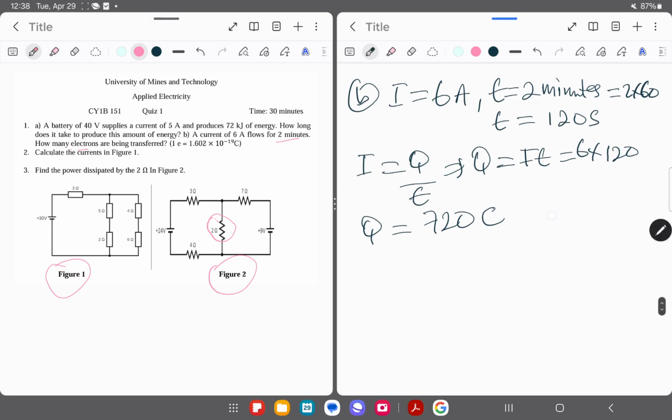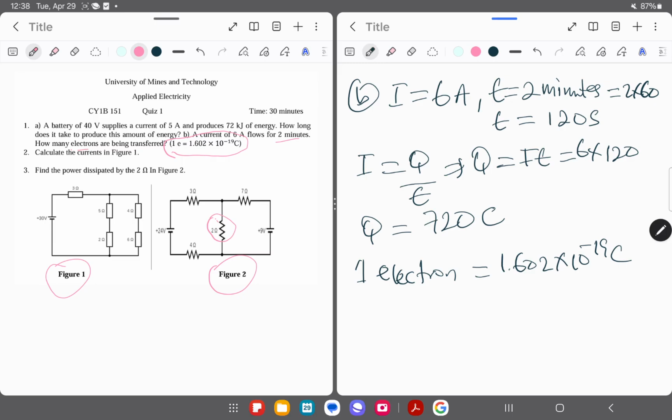The unit here is coulombs. Now once I've gotten the coulombs of charge, if you look at the end of question 1b, you can see that we are being told that one electron, right? So if I have one electron, it contains 1.602 times 10 to the power minus 19 coulomb of charge, right?